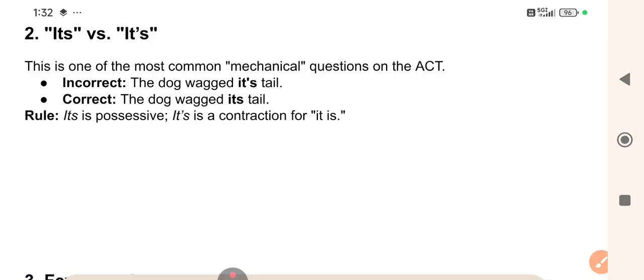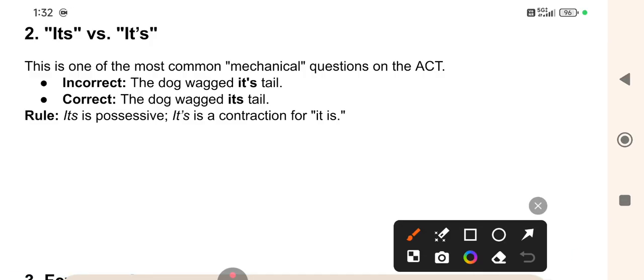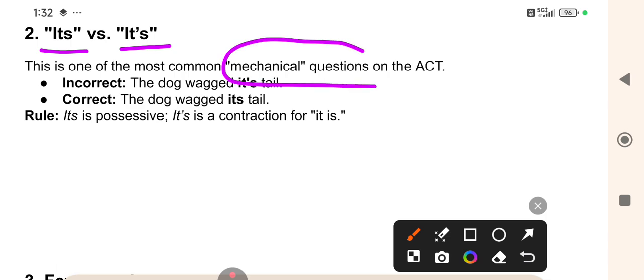Now moving to another one, there is always confusion between its without apostrophe and it's with apostrophe. Let me discuss this problem. This is one of the most common mechanical questions.